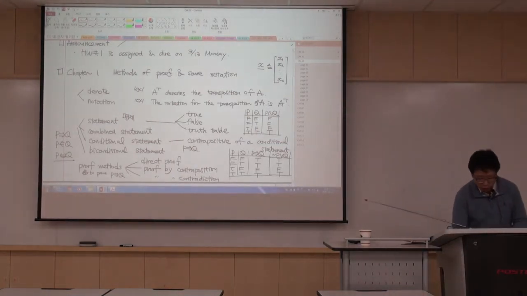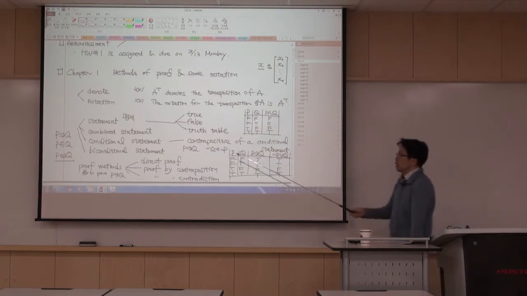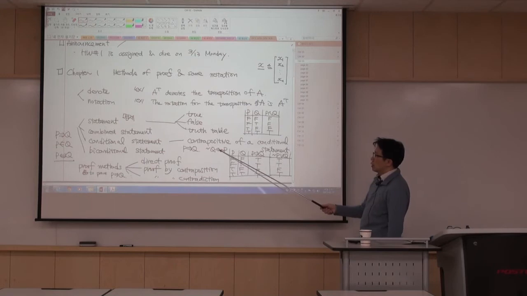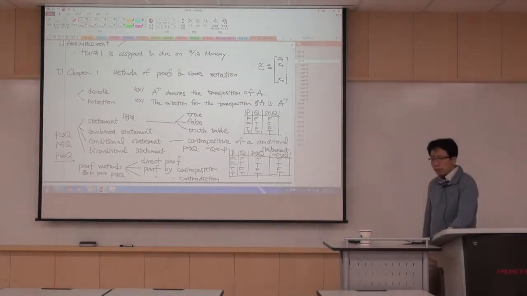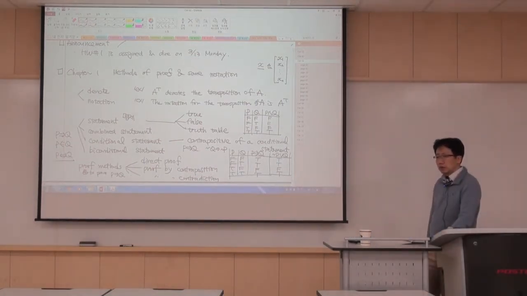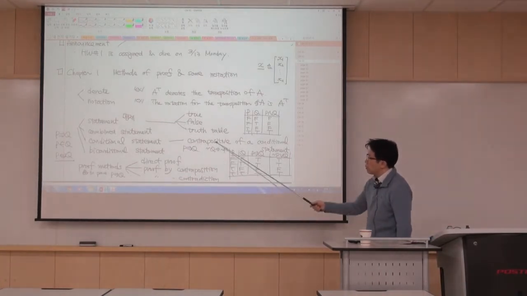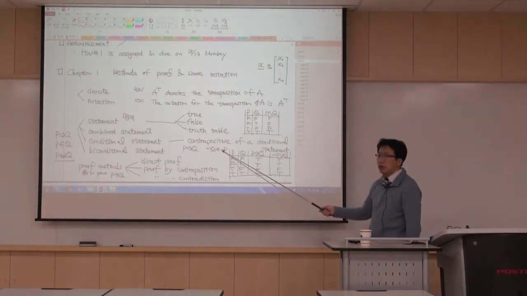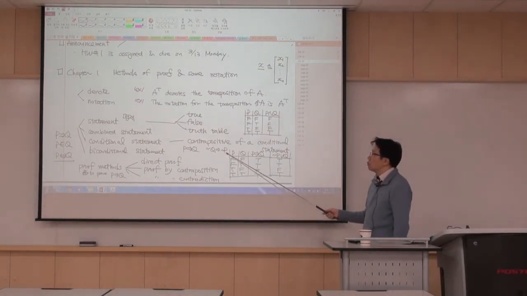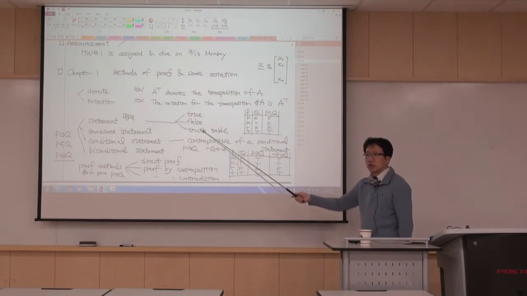You change the order and you put this not sign, so you negate the truth or falseness of the two statements. So this statement, not Q implies not P, is called the contrapositive of this conditional statement.